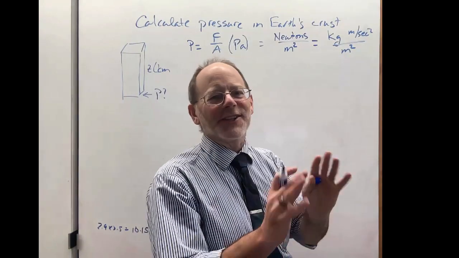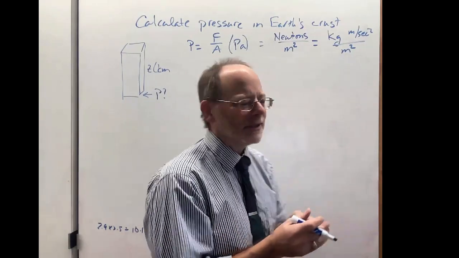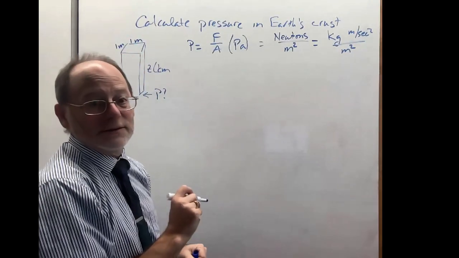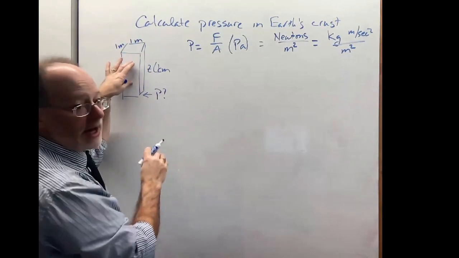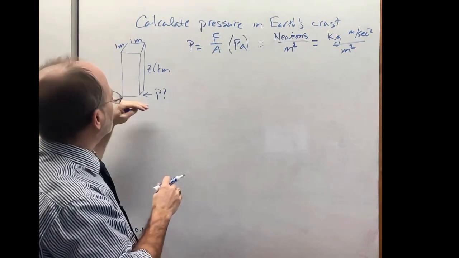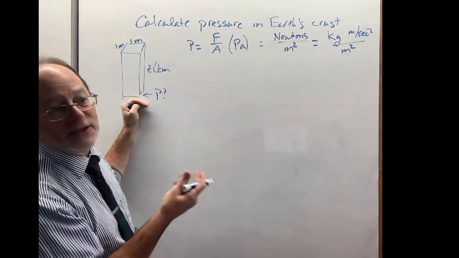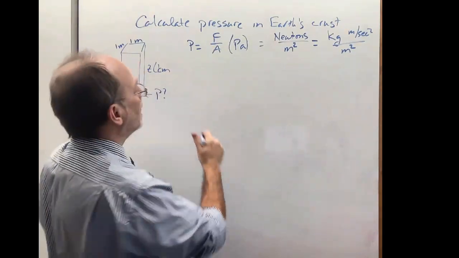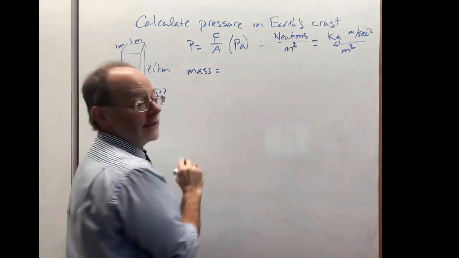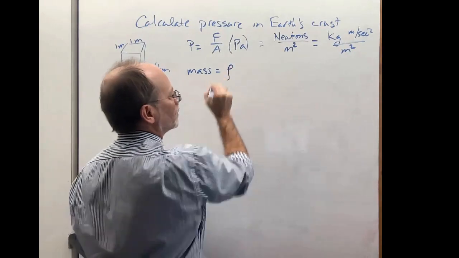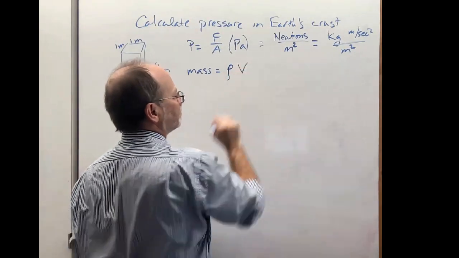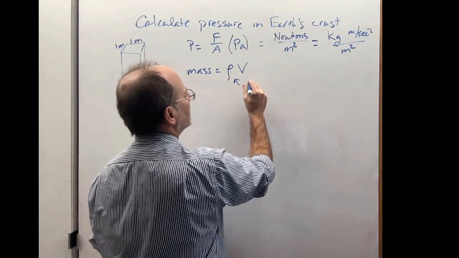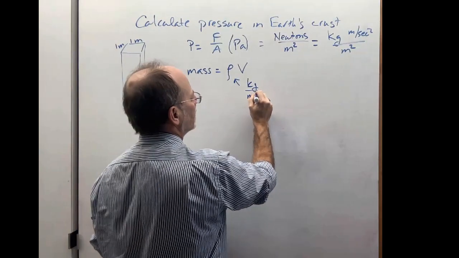Okay, so let's make our whole situation simpler. Here, what we would really like rho in is kilograms per meter cubed, right?